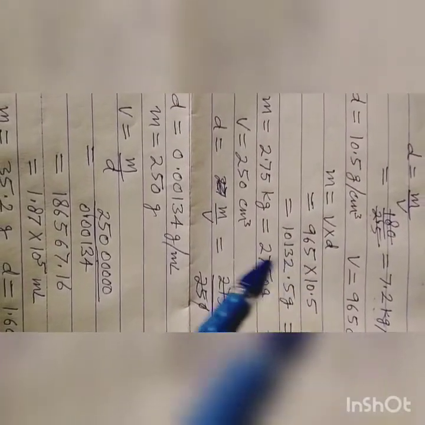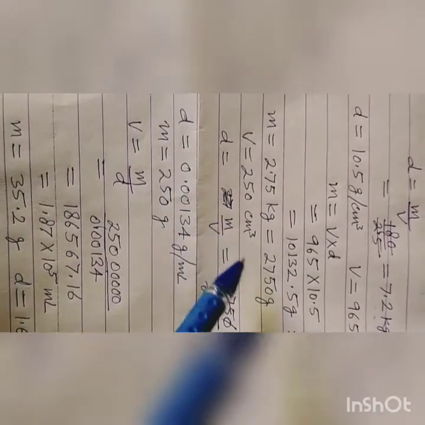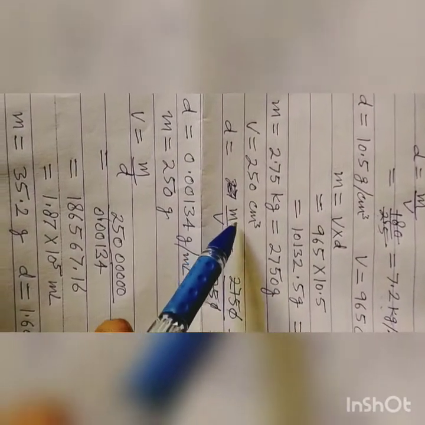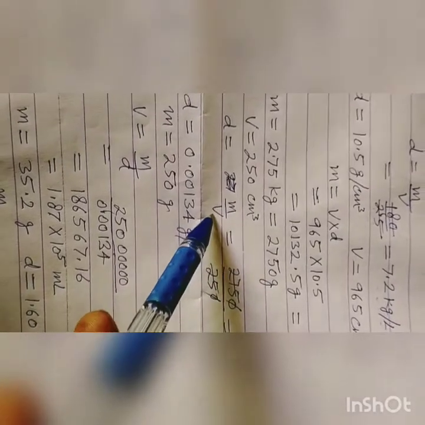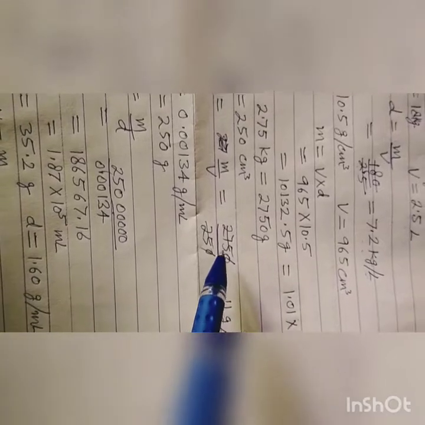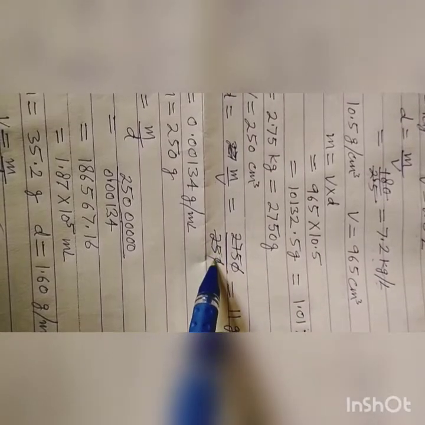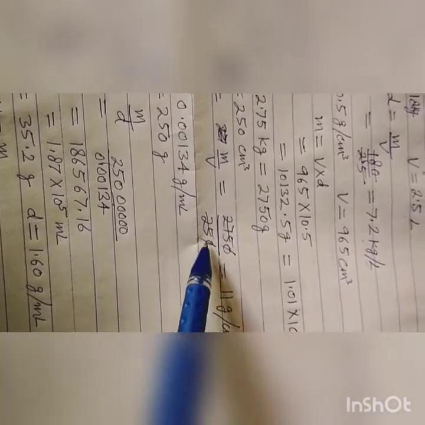Now you are supposed to find the density, and you know the formula of density is mass divided by volume. So right here mass 2750 and 250 here, and divide it.